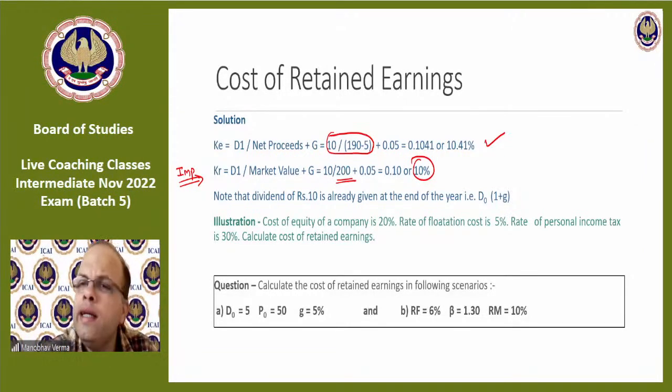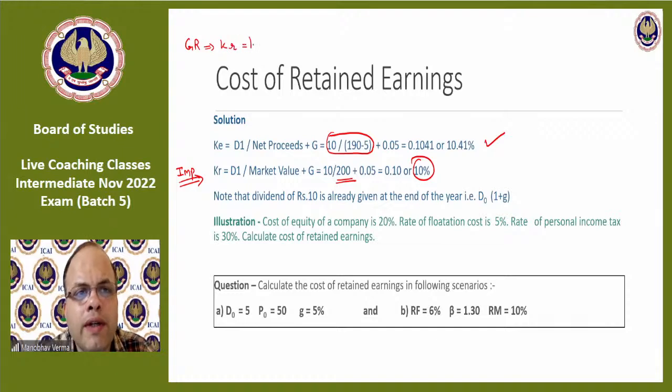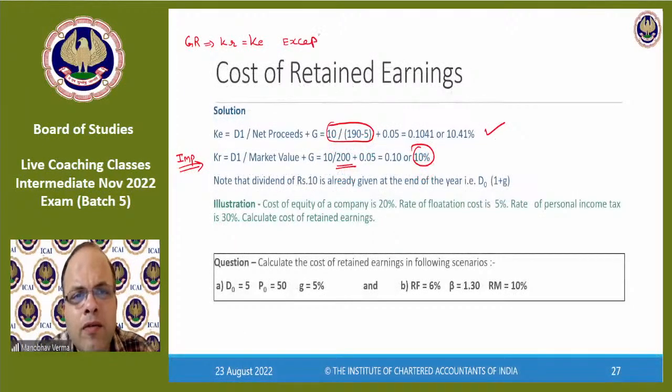I think this is a good illustration to clarify the point I was talking about. My conclusion from this is that as far as the general rule is concerned, cost of retained earnings is equal to cost of equity, except for new equity, where you have to compute a different cost of equity altogether.